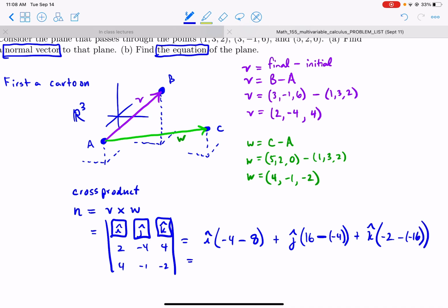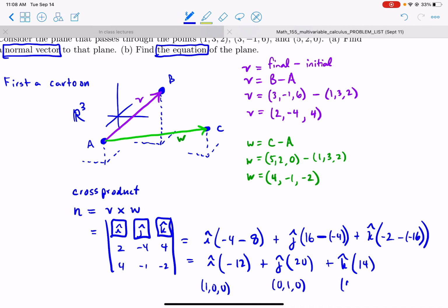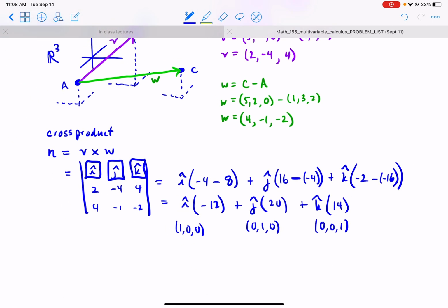Okay. So that means I have i hat times -12, j hat times 16 plus 4, k hat times -2 plus 16. And then remember that i hat is just 1, 0, 0, j hat is 0, 1, 0, k hat is 0, 0, 1. I also call them e1, e2, e3.